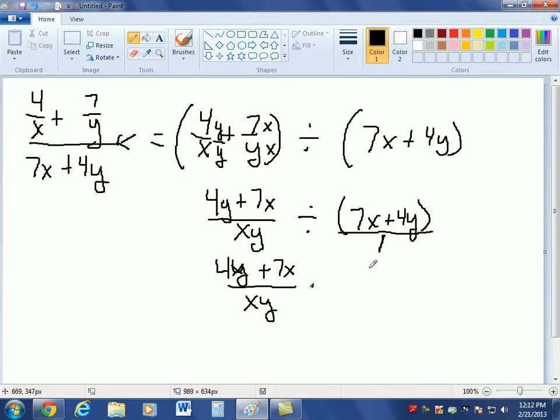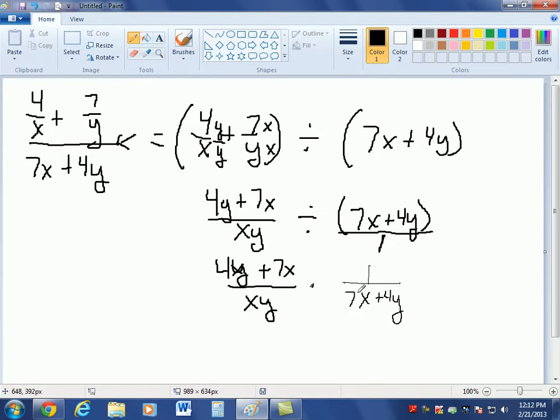Times 1 over, oopsie, 7x plus 4y. Now what can we do? Again, division is always multiplication by the reciprocal. We invert and multiply. So 7x plus 4y over 1 becomes 1 over 7x plus 4y.